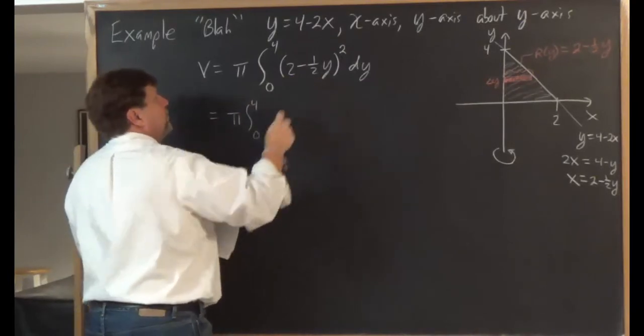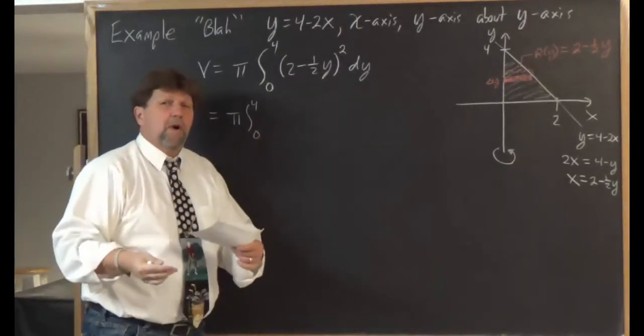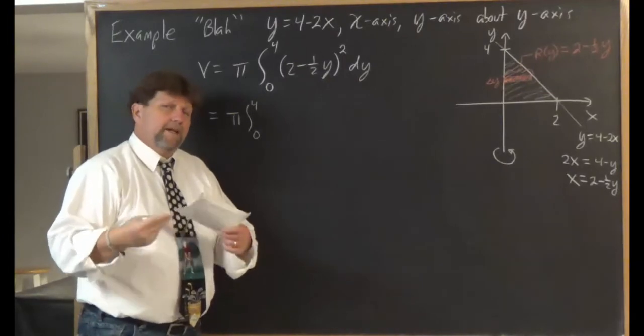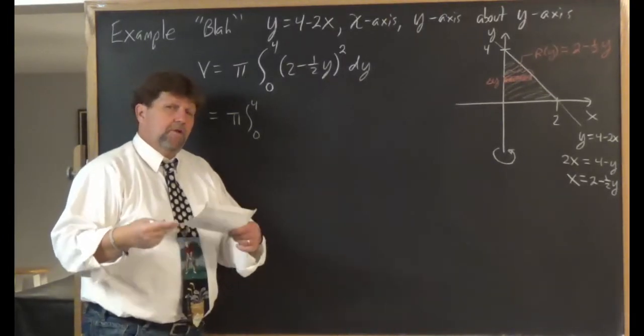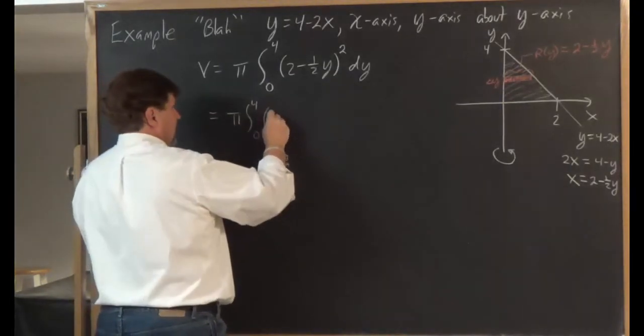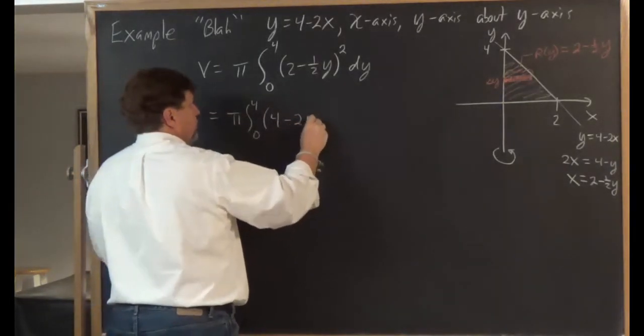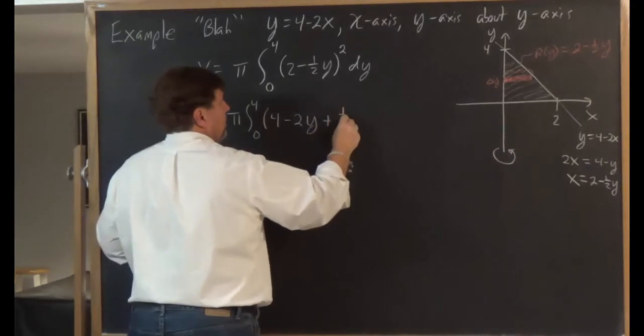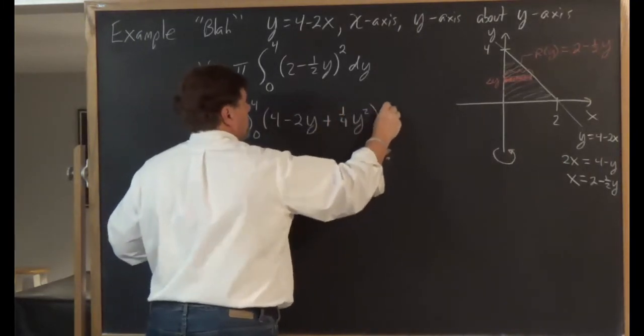So let's just take the 2 minus 1/2 y and square it. 2 minus 1/2 y times 2 minus 1/2 y gives me 4 minus 2y plus 1/4 y squared.